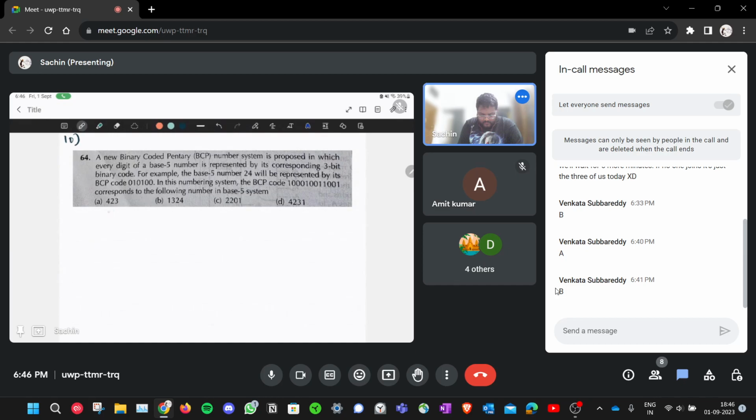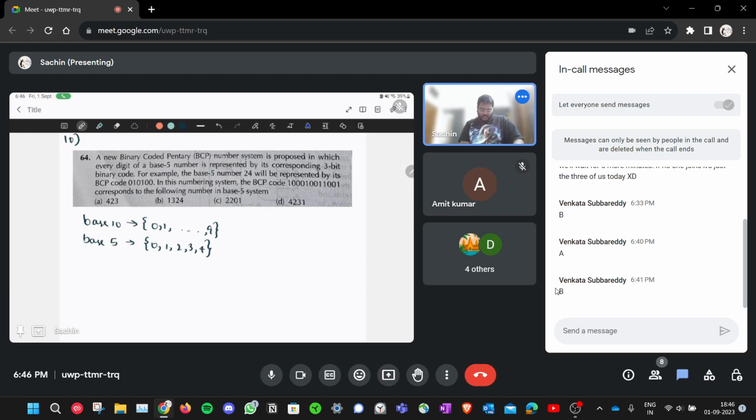See, for the decimal number system, which is base 10, you have the digits 0 to 9, right? So for a base 5 number system, you'll have 0, 1, 2, 3, 4. Those are the only digits.